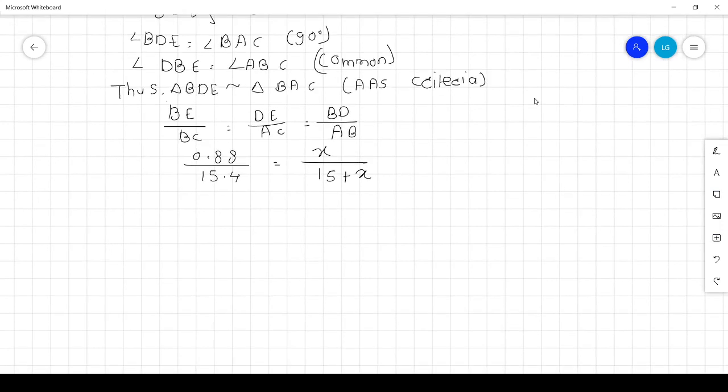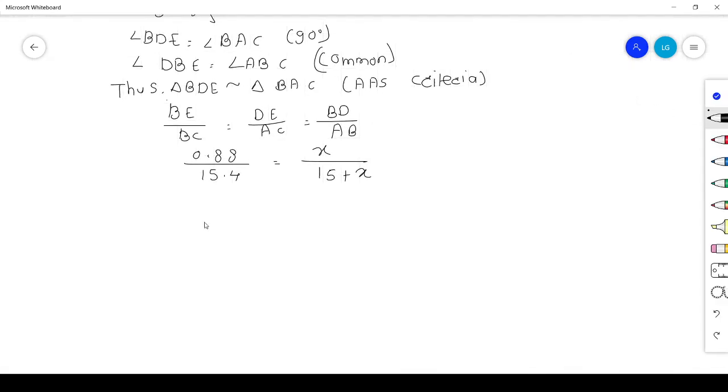So here 0.88 into 15 plus x equals to 15.4 into x.